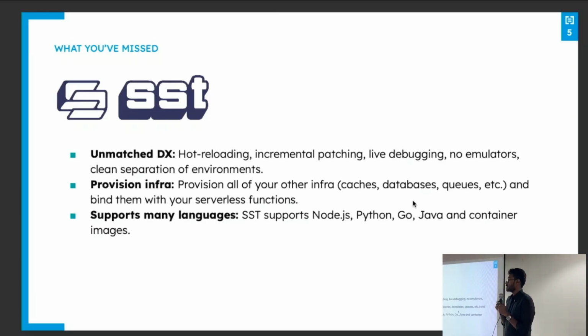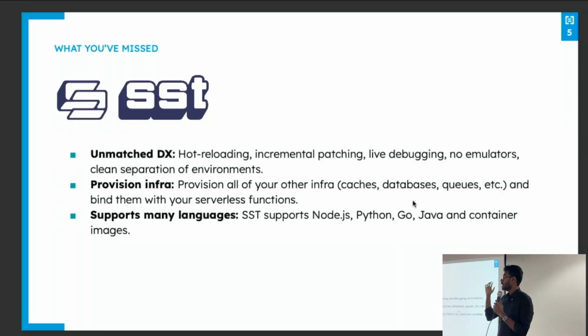Next is provisioning infra. SST is built on top of CDK, AWS CDK. And CDK is a bunch of constructs that are auto-generated from the AWS infra. So let's say they bring a brand new product tomorrow, right? They will auto-generate code for you, and it's immediately available in CDK.